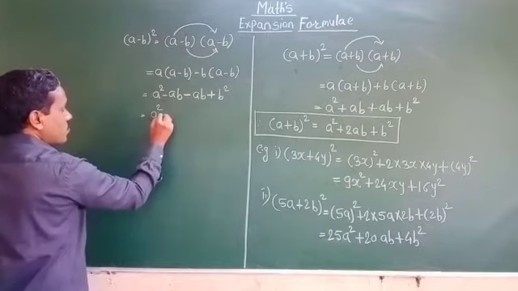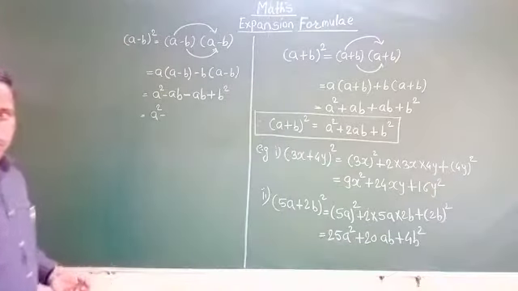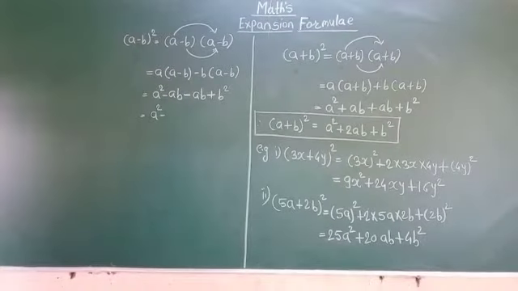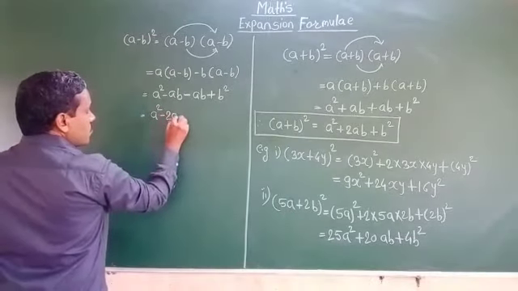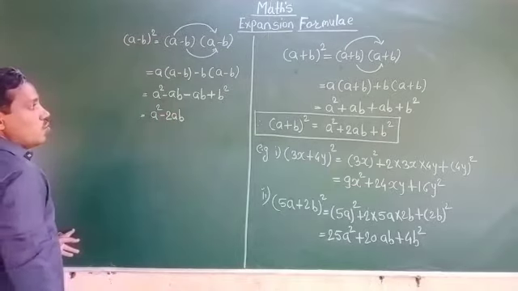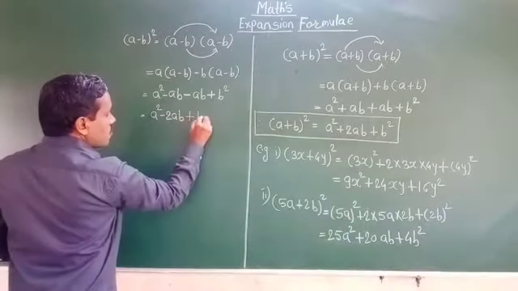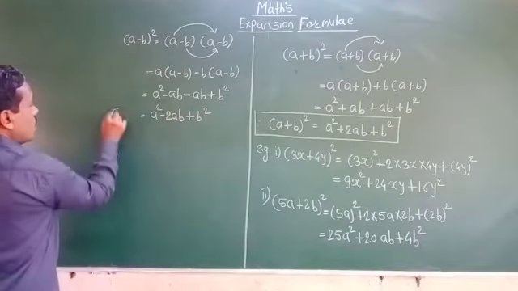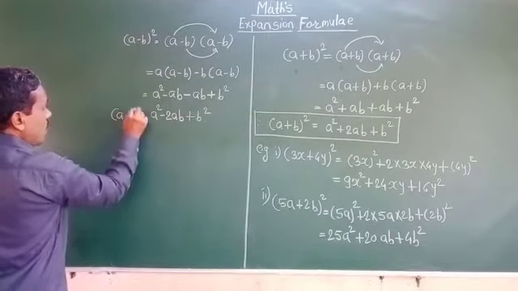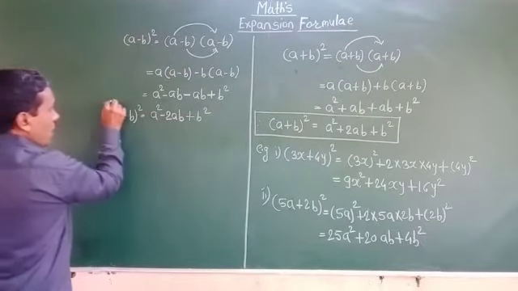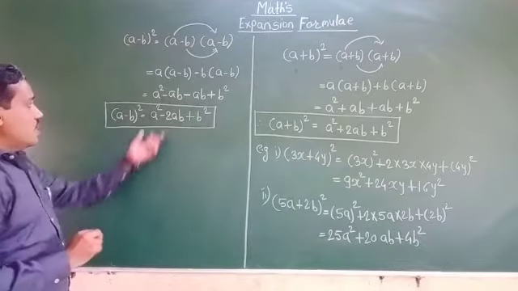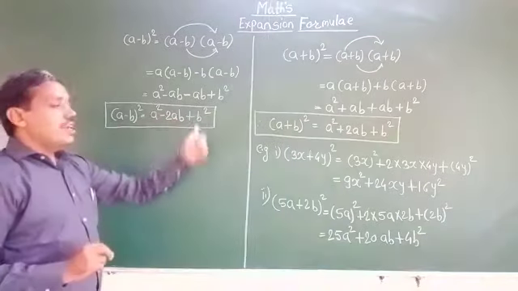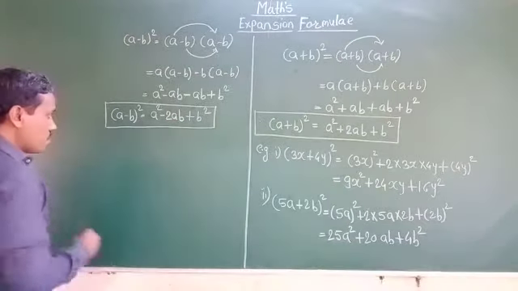A square minus 2AB plus B square. Therefore the expansion of (A minus B) whole square is A square minus 2AB plus B square.